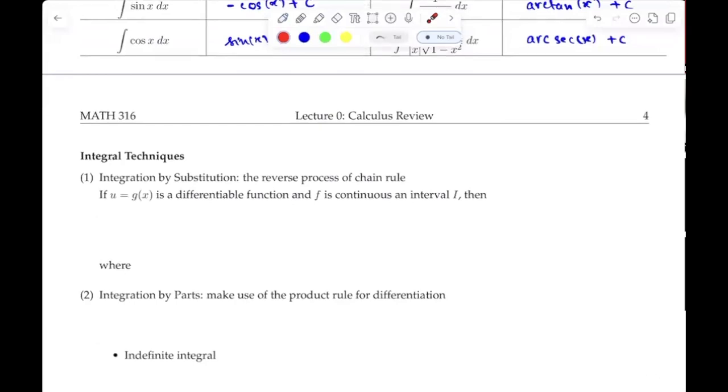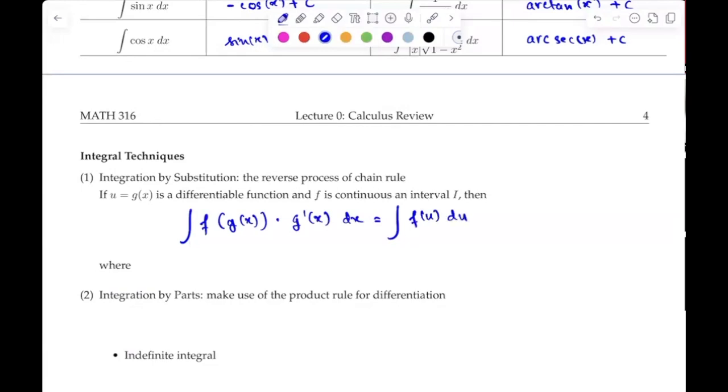Okay. For integration by substitution, this is an antiderivative process, right? And this is the reverse process of the chain rule that you see in derivatives. What you do is that if u equals g of x is a differentiable function and f is continuous on an interval, then the integral of f of g of x times g prime of x dx is equal to the integral of f of u du, because u is equal to g of x.